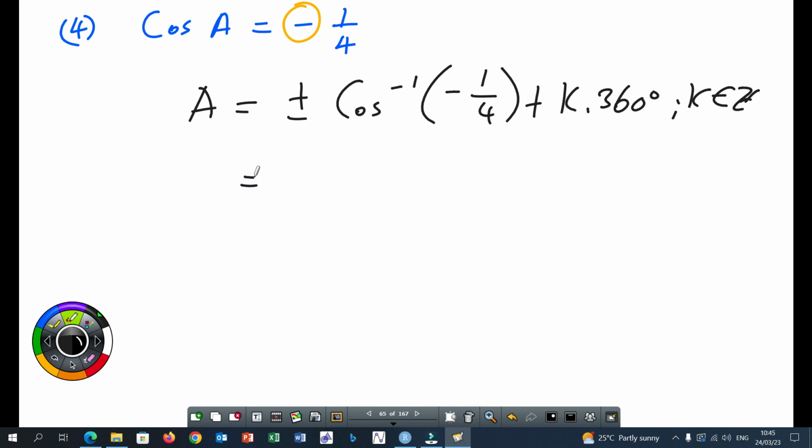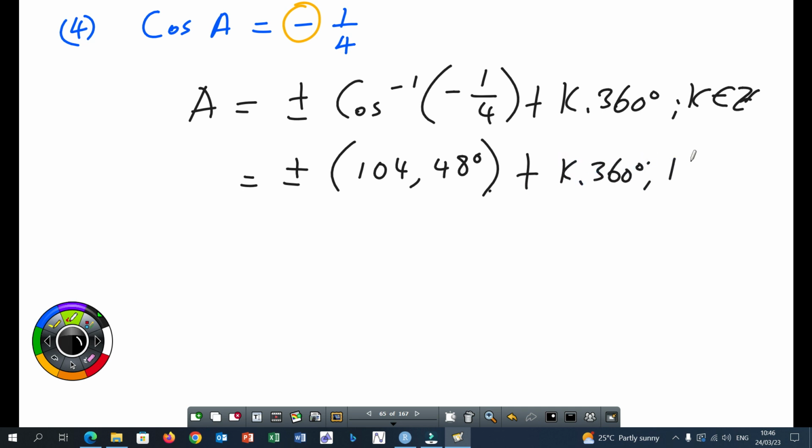What is shift cosine of minus a quarter? It should be plus or minus 104,48 degrees, plus k times 360, where k is an integer.